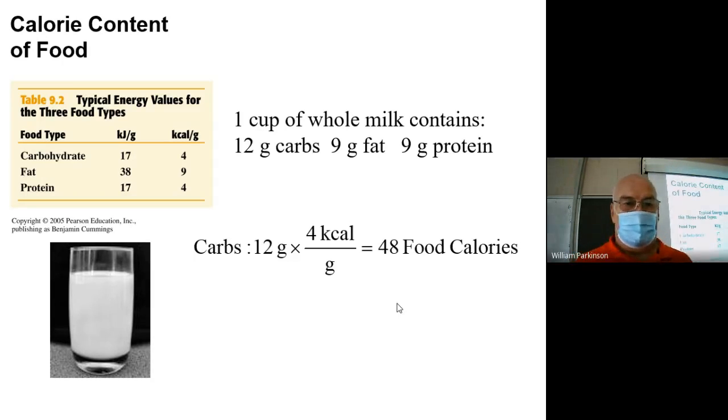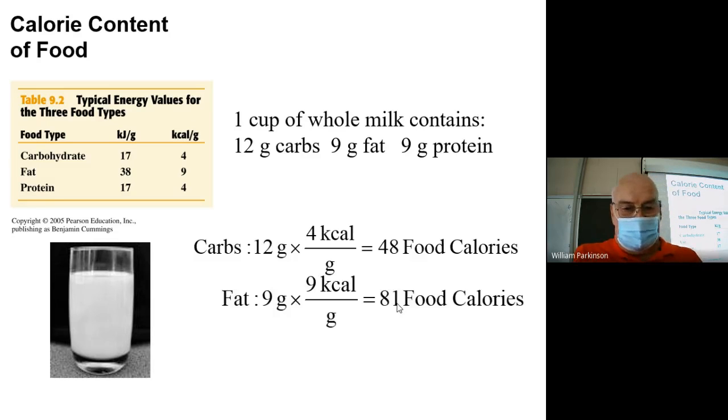That's what that number says. So that's 48 food calories from the carbs in the milk. I could take my 9 grams of fat times the 9 food calories per gram, and I would get 81 food calories from the fat in the milk. This must not be skim milk, obviously.